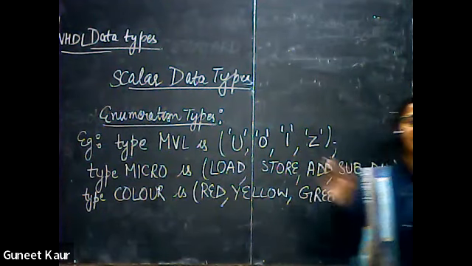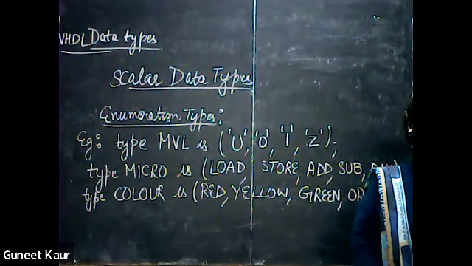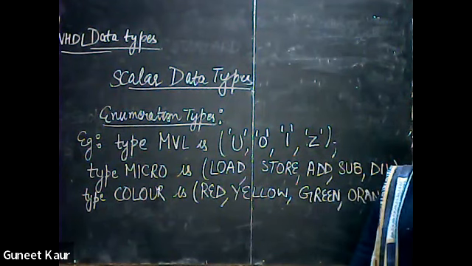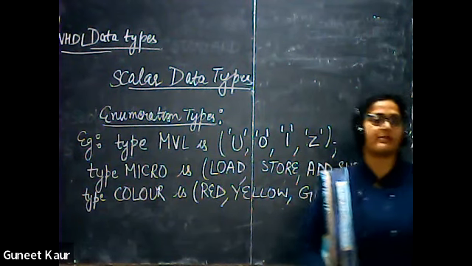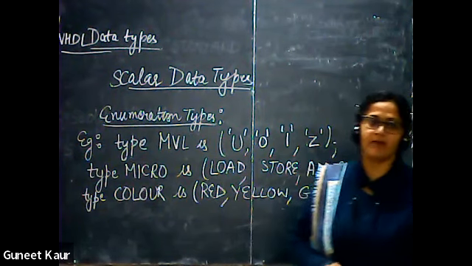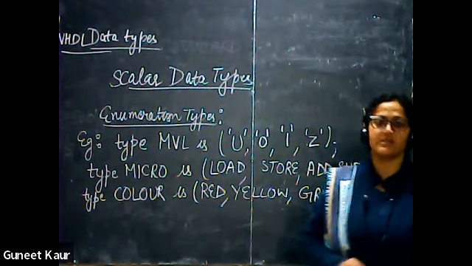This is the scalar data type and the enumeration type, the first type. I have written three examples for that. I will explain these examples one by one, then you will understand the concept of enumeration data types.